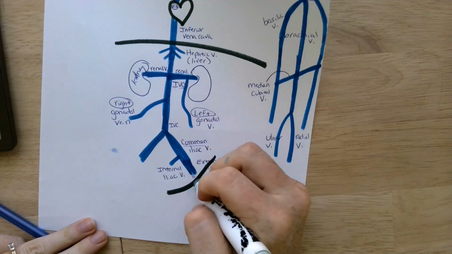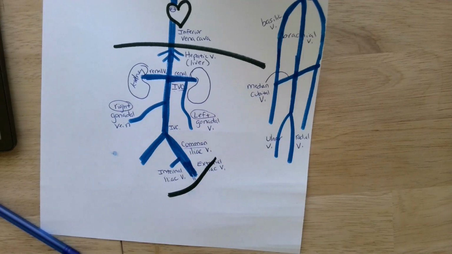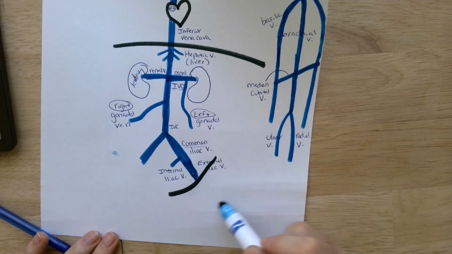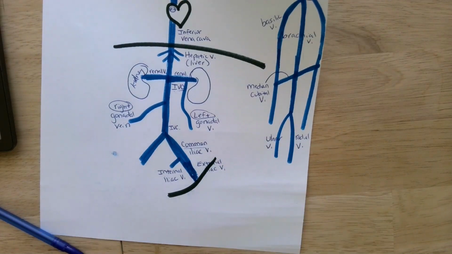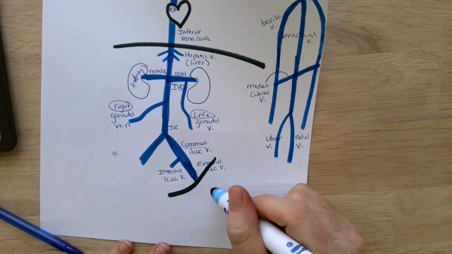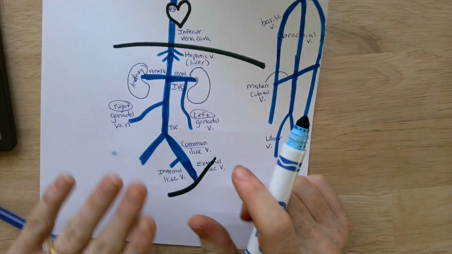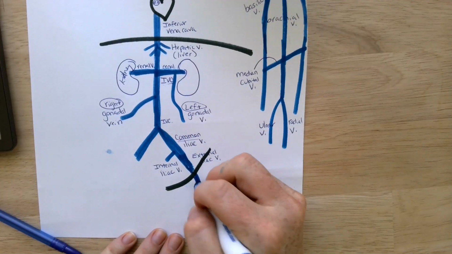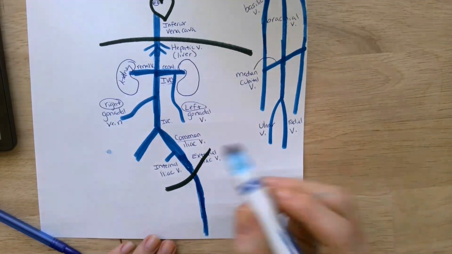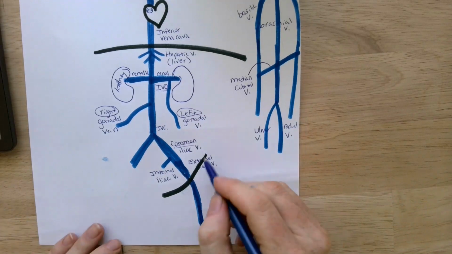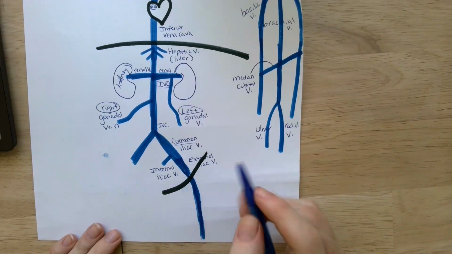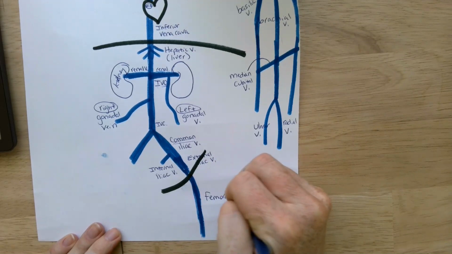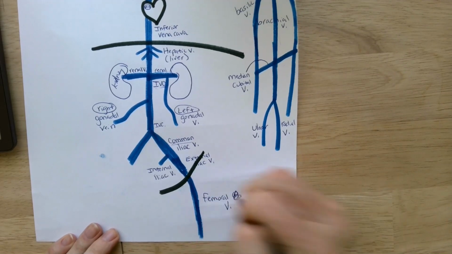So here we have the body wall, and on the other side of the body wall it'll pop out in what's called the femoral triangle, which is just outside of the body wall, kind of sandwiched between the muscles, so very superficial. So the external iliac vein, after it exits the body wall, is going to become the femoral vein. Sorry, not artery, vein, femoral vein.